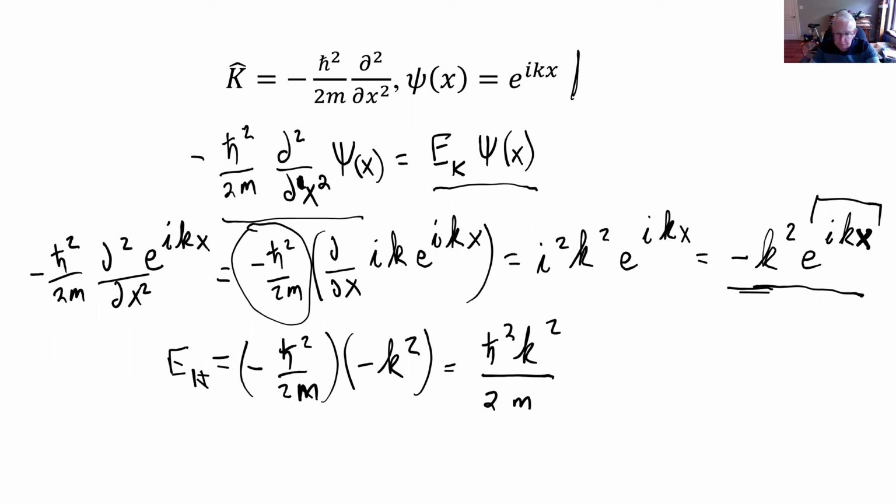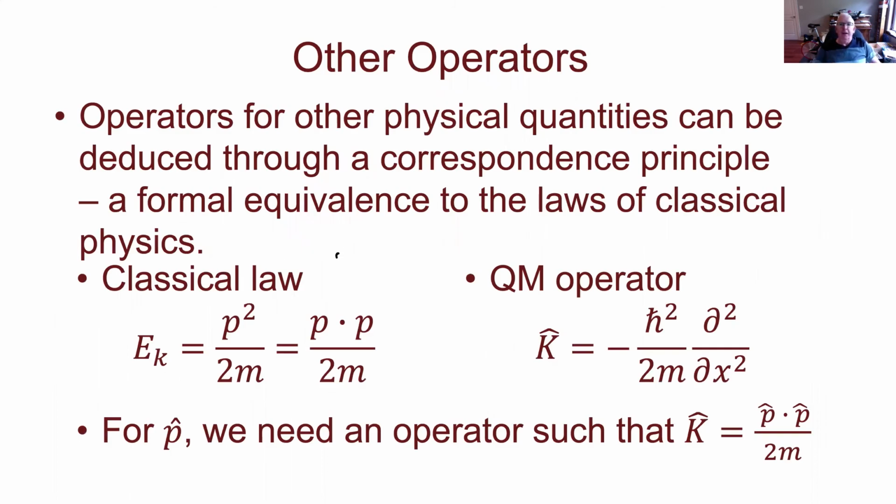All right, suppose we wanted to figure out something else about our particle. We might decide that we wanted to know the momentum of the particle, say, right? In general, there's going to be a correspondence principle between the quantum mechanical operators and the way we would find things in classical physics, all right?